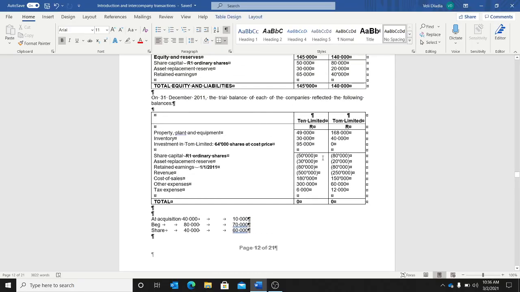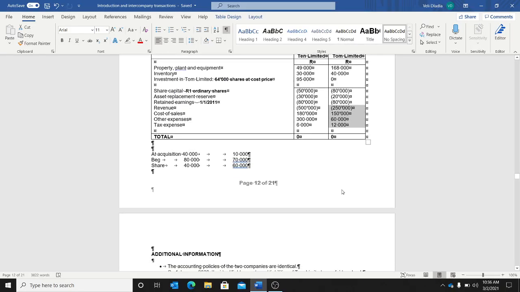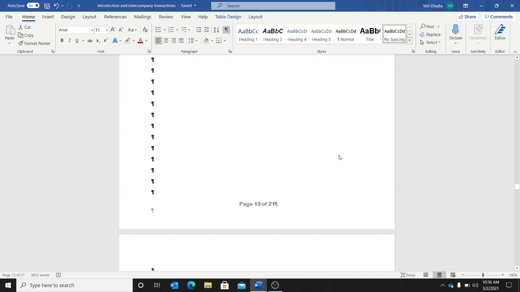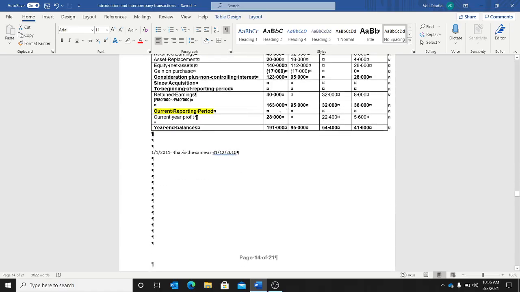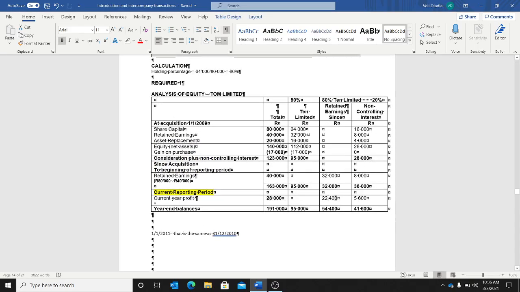Now, what you do from here, which is the revenue, you see 250 minus 150 minus 60, I think it's 100, minus loan is 40, minus 12, it should be 28. So your profit after tax is 28.